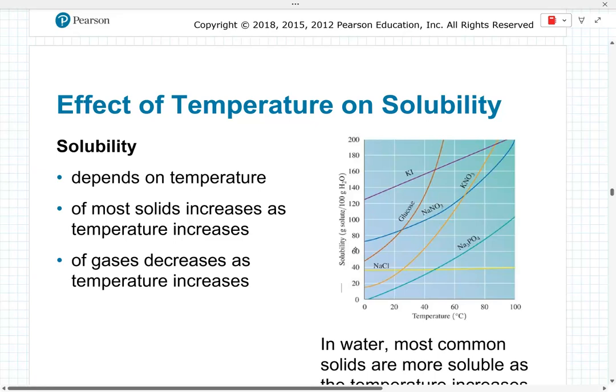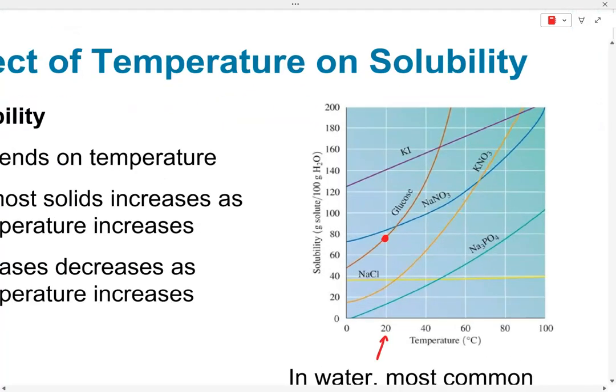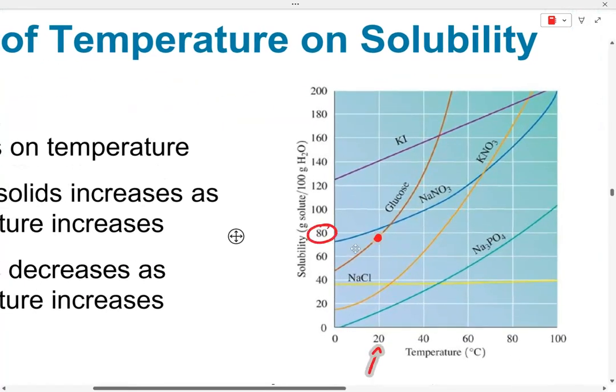I really want to highlight glucose. Okay? Hear me out. So let's take a look at the solubility of glucose at the temperature of 20 Celsius. Pretty much room temperature. We can assume that it's pretty close to 80 grams per 100 grams of water. Am I making sense?